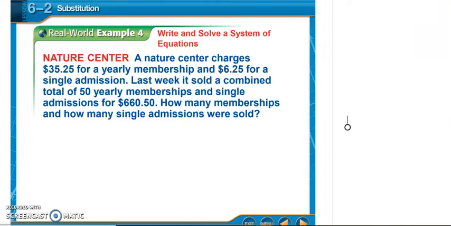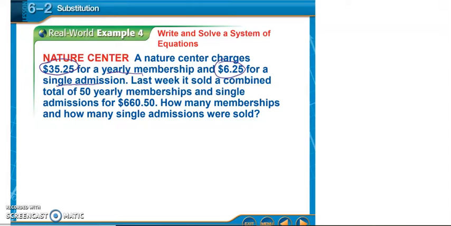If we look at these word problems: a nature center charges $35.25 for yearly memberships and $6.25 for single memberships. Usually you can find in the sentences the two things with a number beside them. Beside the yearly membership is $35.25, and beside the single membership is $6.25, right?